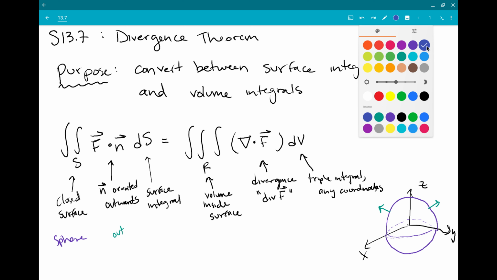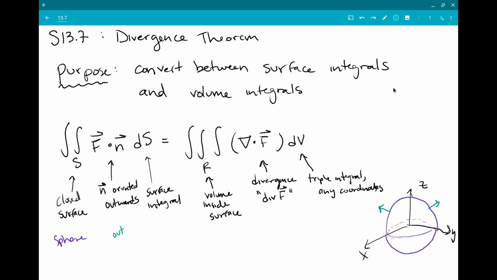And then the volume over which you're integrating this whole thing is just going to be if you fill up the inside of the sphere all the way. So instead of trying to integrate over the outside of the surface some random vector F, you're going to compute its divergence, and then inside the surface, you set up your regular 3D integral.